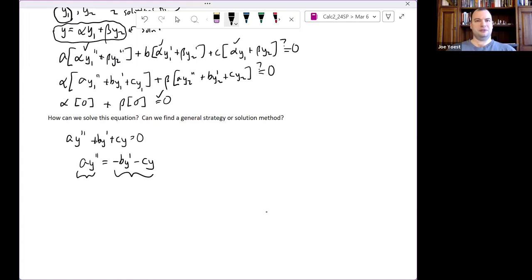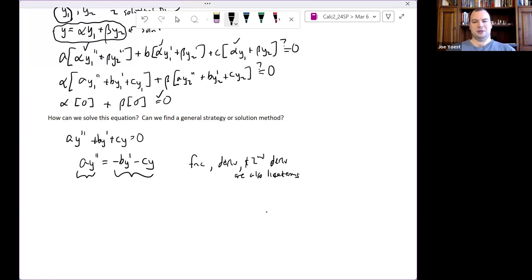In other words, I need a function whose derivative and second derivative are also like terms. The derivative, second derivative, and the function itself are all like terms.